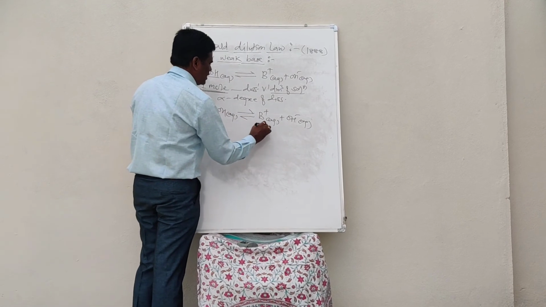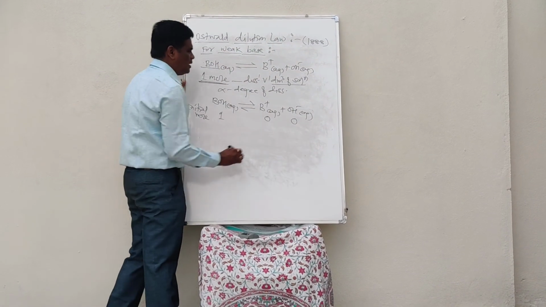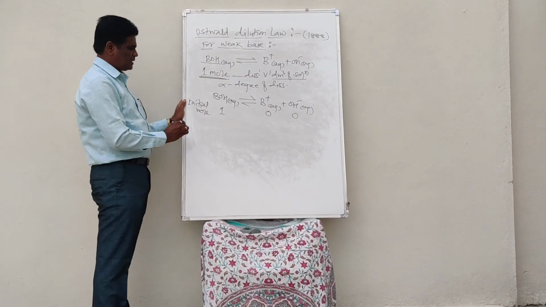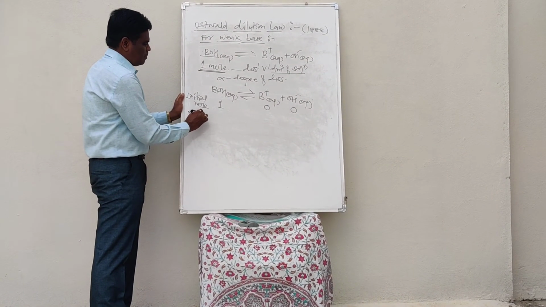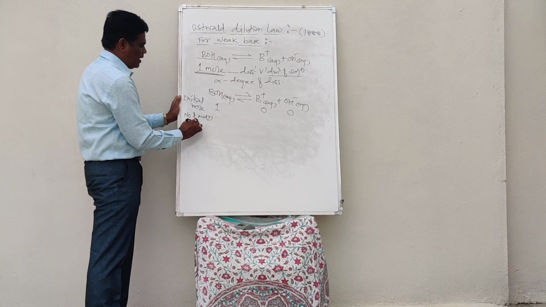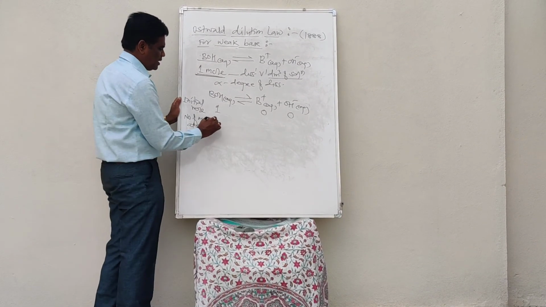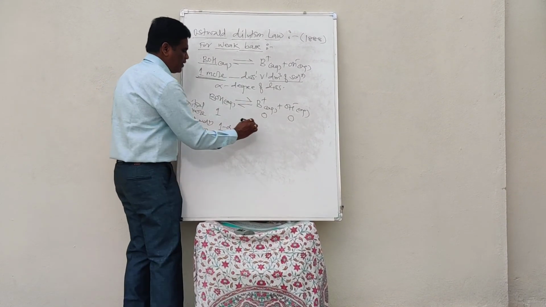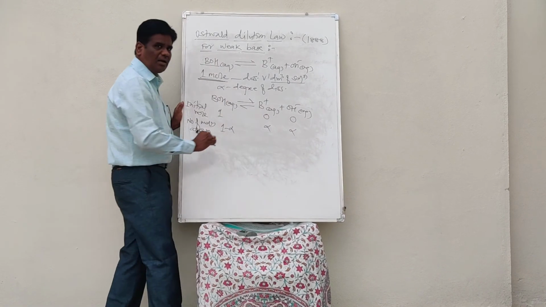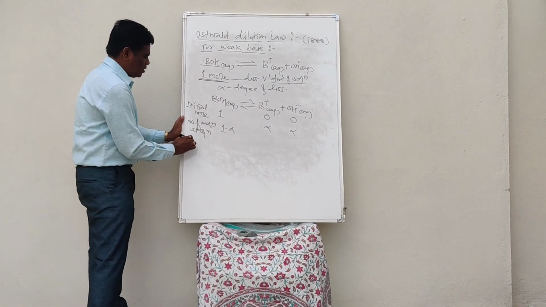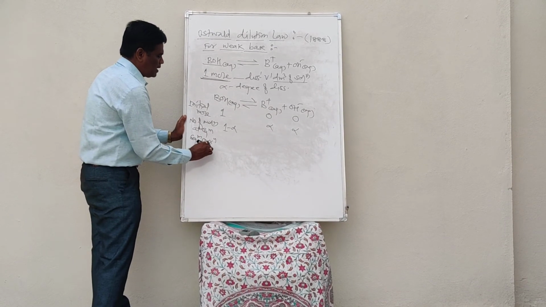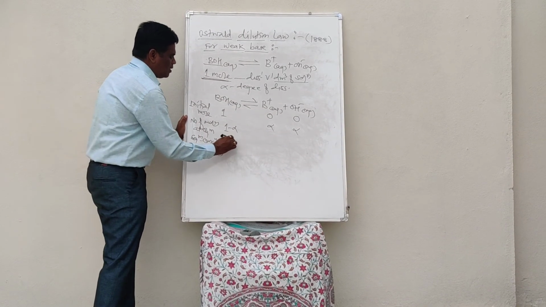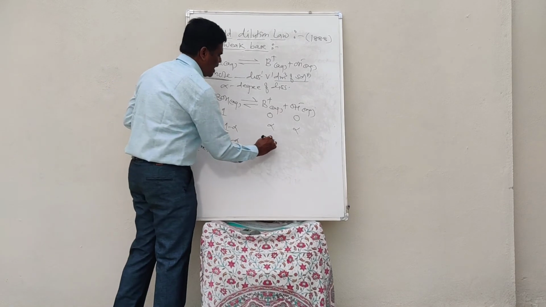Reaction is not started, therefore initial moles of B plus and OH minus ions are 0. Then number of moles at equilibrium, that is 1 minus alpha, alpha, alpha. And now equilibrium concentration in moles per dm cube, that is 1 minus alpha by V, alpha by V and alpha by V.